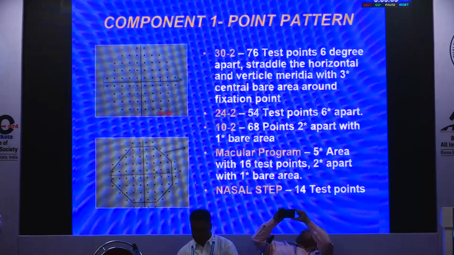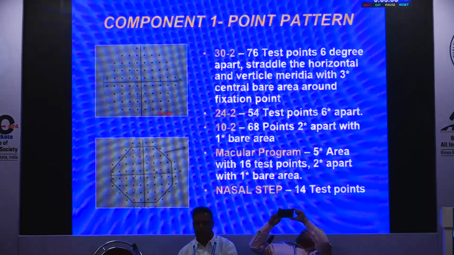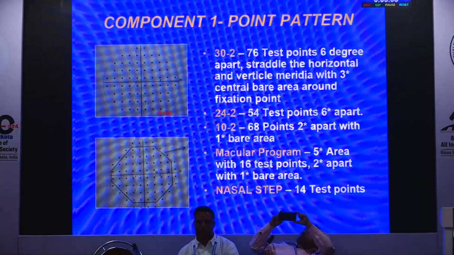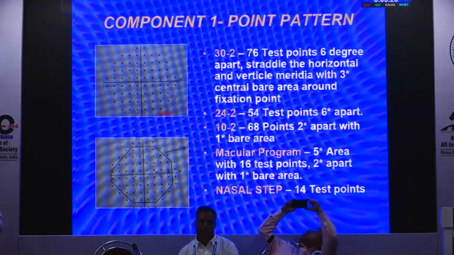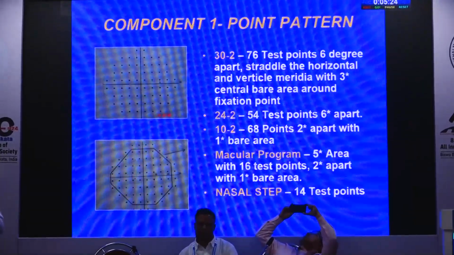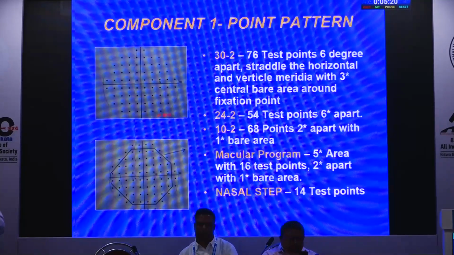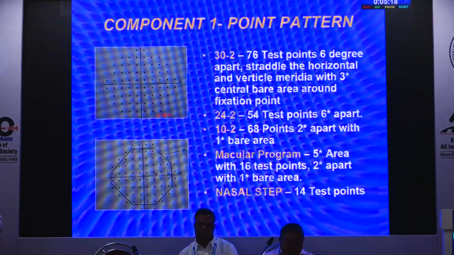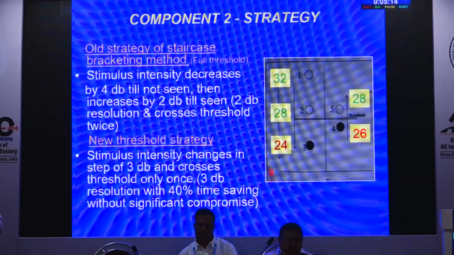Both of them are of equal value, but the advantage of 24-2 is that it takes less time, and the sensitivity as far as glaucoma is concerned is almost equal. So we generally prefer a 24-2. For advanced glaucoma, we have a 10-2 pattern, which has 68 test points with a distribution of 2 degrees. The macular program is just 5 degrees and a nasal step. These are all the tests which are confined to glaucoma testing.